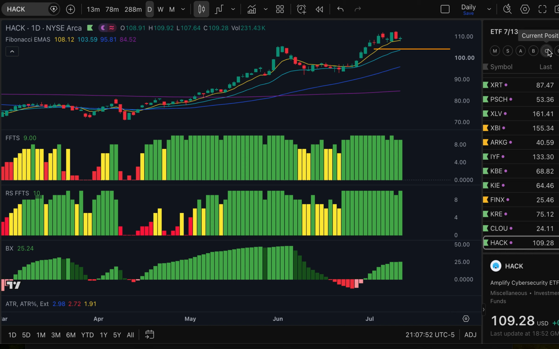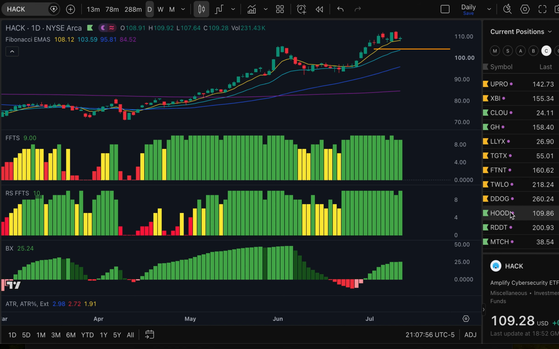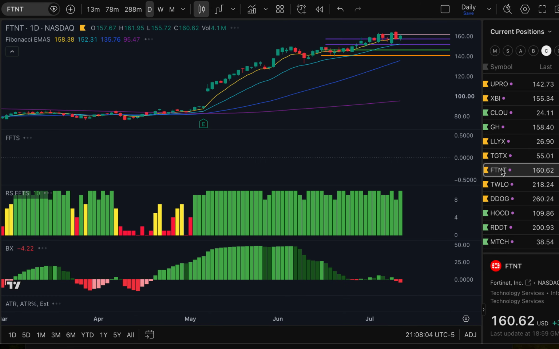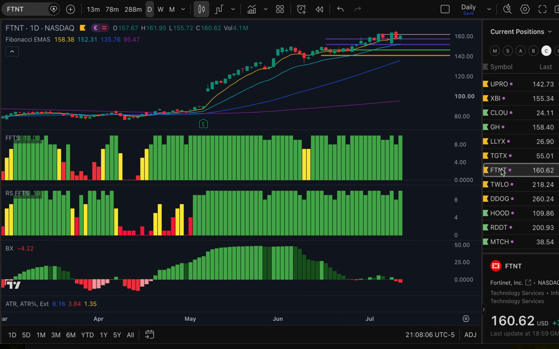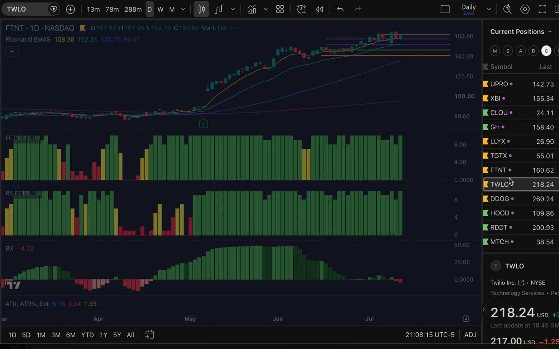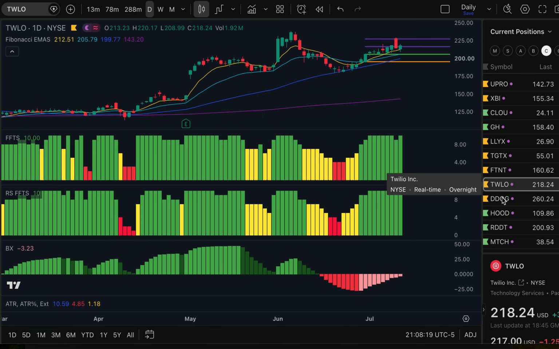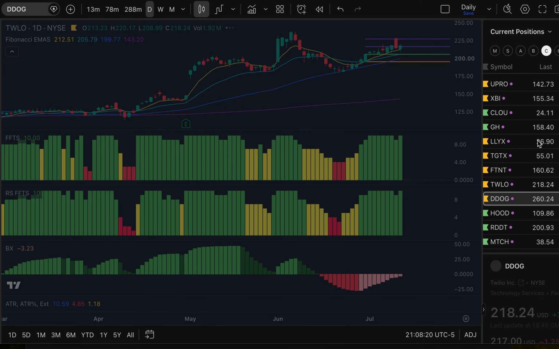I have a position in one cybersecurity, that is FTNT. I'll go ahead and show that one. And in the cloud space, I also have Twilio and Datadog.